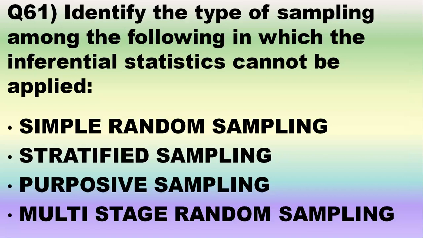Options are simple random sampling, stratified sampling, purposive sampling, multi-stage random sampling. The answer will be purposive sampling, where we can't apply inferential statistics.